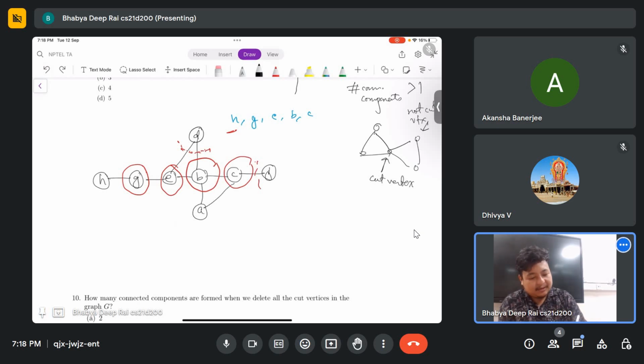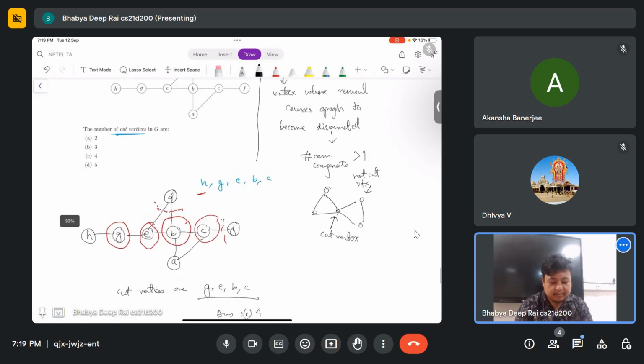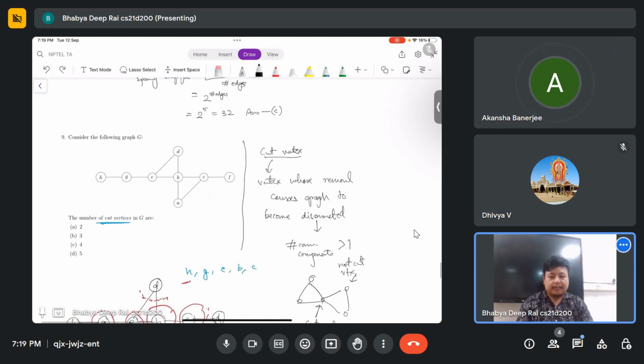So the cut vertices are G, E, B, C. So the answer is 4. I hope that is fine. It's clear, right? Why H should not be there as a cut vertex? Yes, sir. Okay, good.